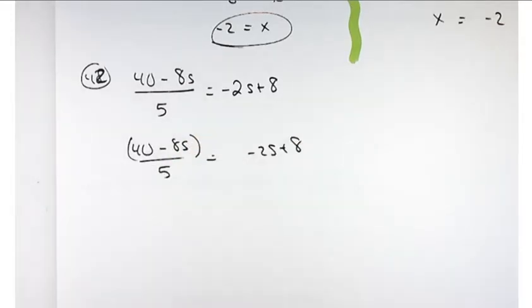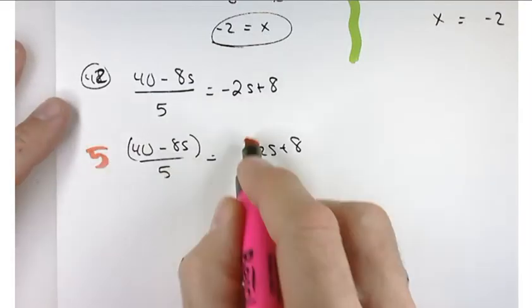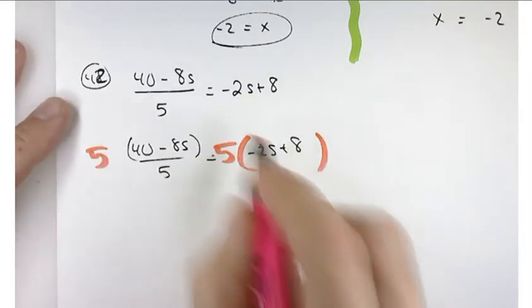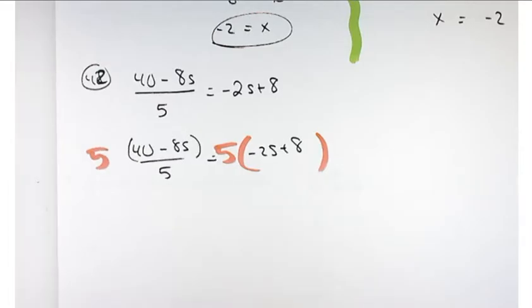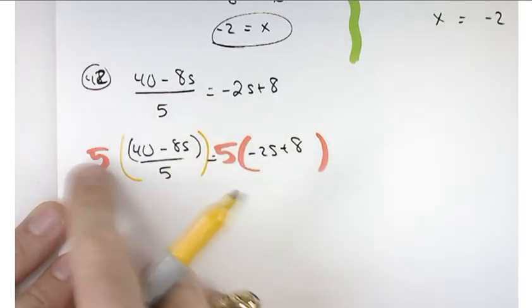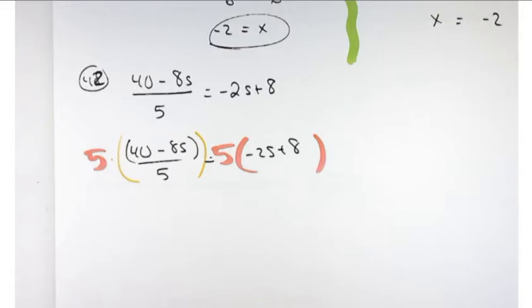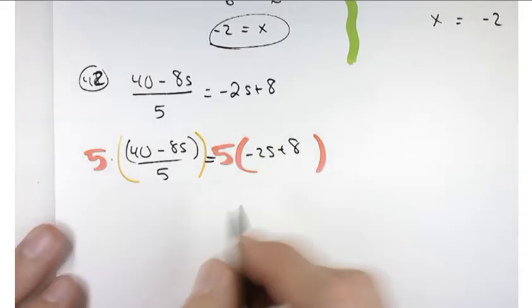So I think I heard another suggestion that we can multiply both sides by the lowest common denominator, 5. So I'm going to multiply both sides by 5, the left-hand side by 5 and the right-hand side by 5. Now, how's that going to play out?